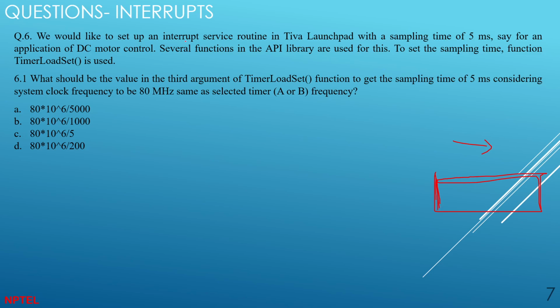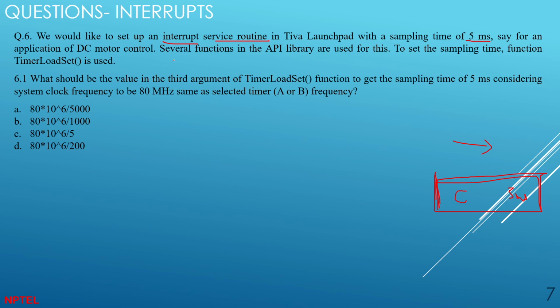For that we use interrupts, and when you write this interrupt service routine, we need to set a sample time. Here it is written 5 milliseconds. So every 5 milliseconds, your loop has to stop, and at that stopping time you get an encoder reading. That is what interrupts will do here.